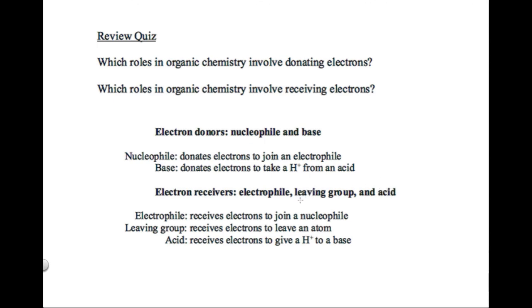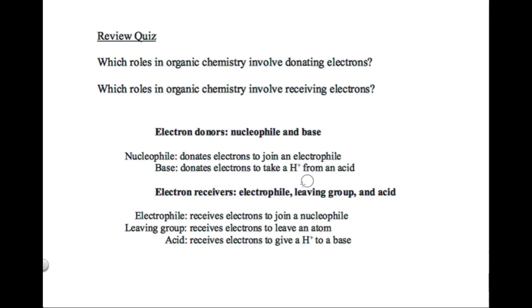I'll bet many people might have forgotten about leaving groups. Keep in mind that just like electrophiles and acids, leaving groups are also electron receivers, as you can see from the definition. Now, if nucleophiles and bases are both electron donors, then how are they different? Well, they're different because a nucleophile donates electrons to join the other molecule, while a base donates electrons to take a proton from the other molecule.